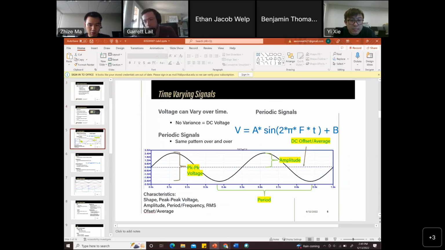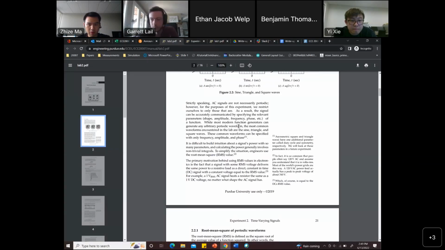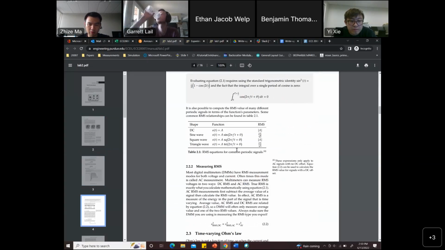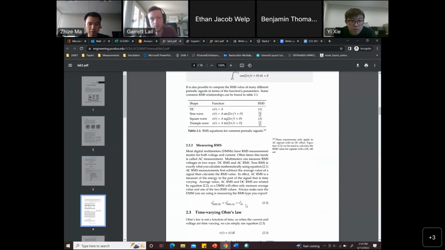Lab 2 is about AC signals and also RMS value. You should all be familiar with this, but make sure you probably want to reveal the RMS equation. The DC RMS is equal to the square root of AC square plus offset square.